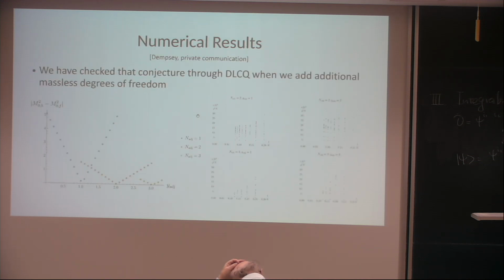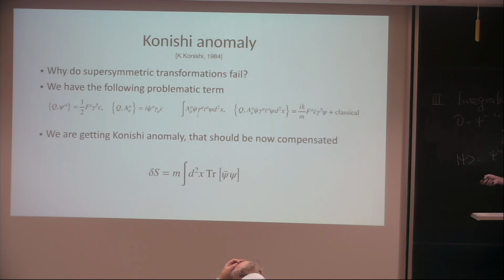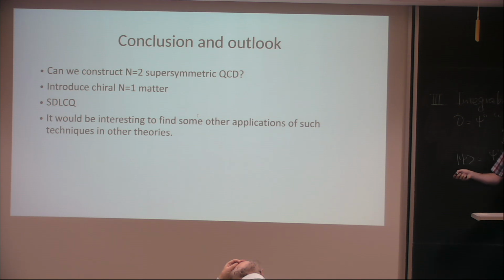The other way is to start with some operator Q. It was introduced in the approach known as supersymmetric DLCQ, introduced by Oleg Lunin and his collaborators. So you just introduce some operator Q, take its square, and declare that it is your Hamiltonian.